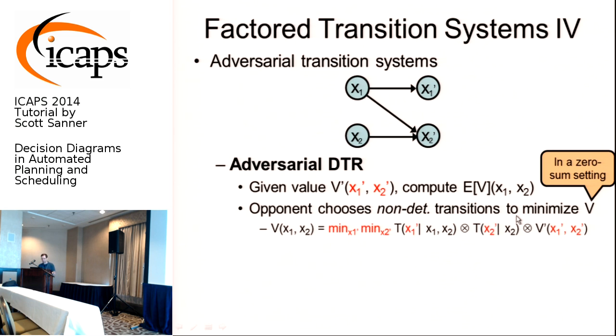So take the non-deterministic update, but now have an adversary choosing x1 prime and x2 prime so as to minimize the value of the states that you end up in. Okay. Again, how do I do the min function? Well, the min over x is just to take the min of the instantiation of the functions for all possible values of x. Okay. So here I need to do times and min of functions.